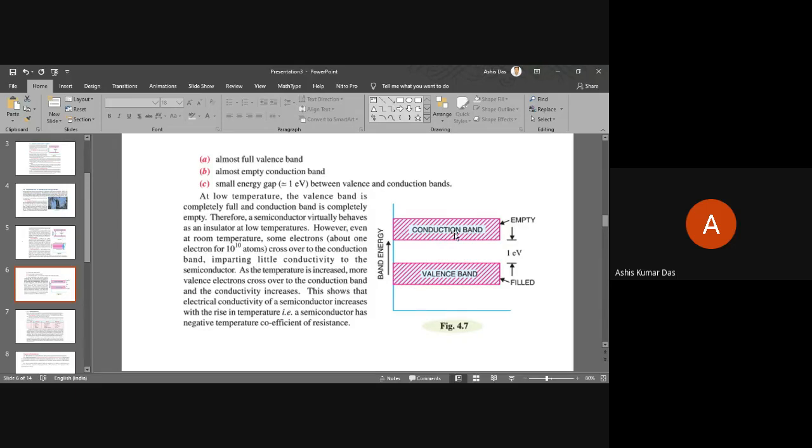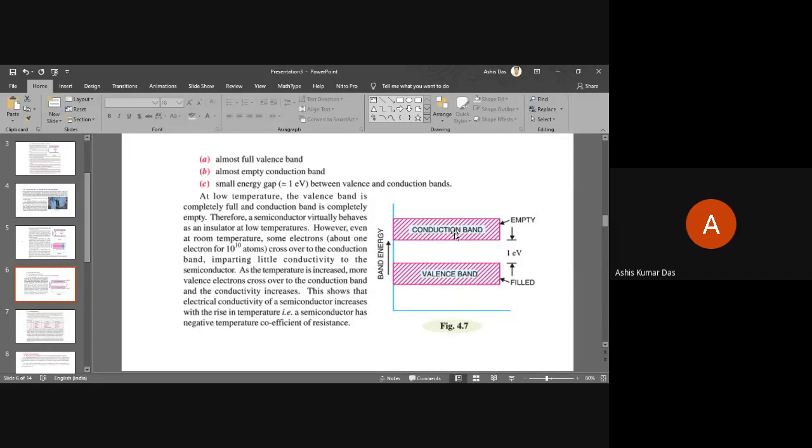This happens when the temperature is increasing, and sometimes at room temperature, that is the ambient temperature, some free electrons, only 1 electron for 10 to the power 10 atoms, can jump from the valence band to the conduction band.